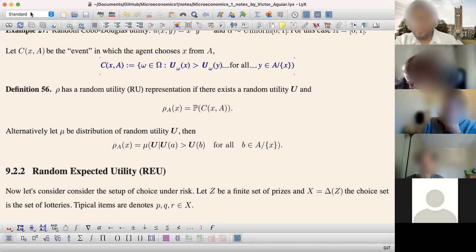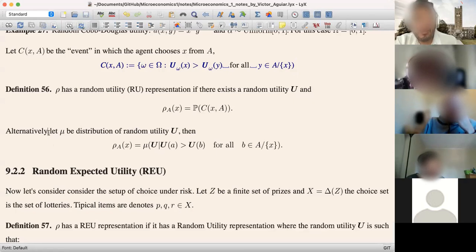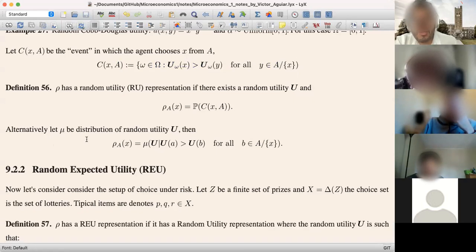So now, one important thing to do before closing this chapter, which is a long chapter, is that another way to describe the distribution of random utility is by means of mu. Mu is the distribution of the random utility U. So random utility, you can describe it directly through the random object, right? Or by means of the distribution.